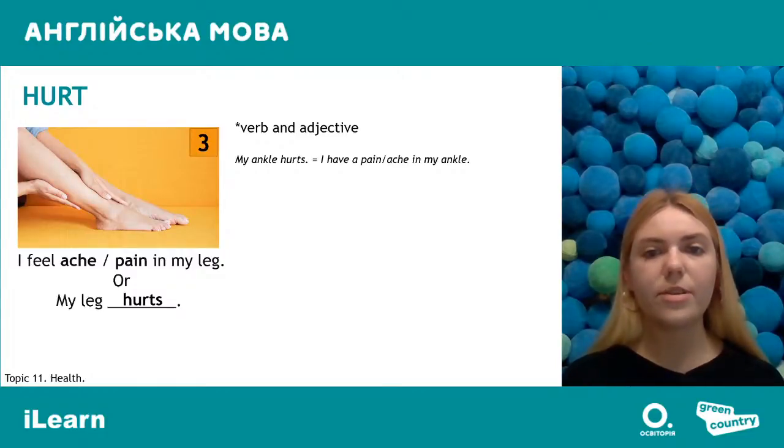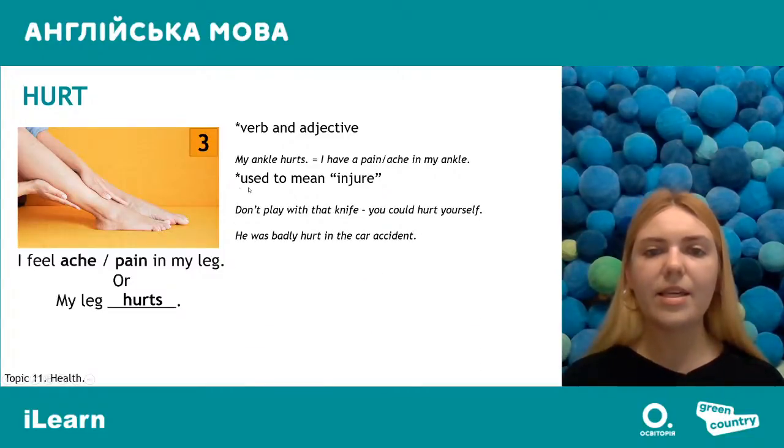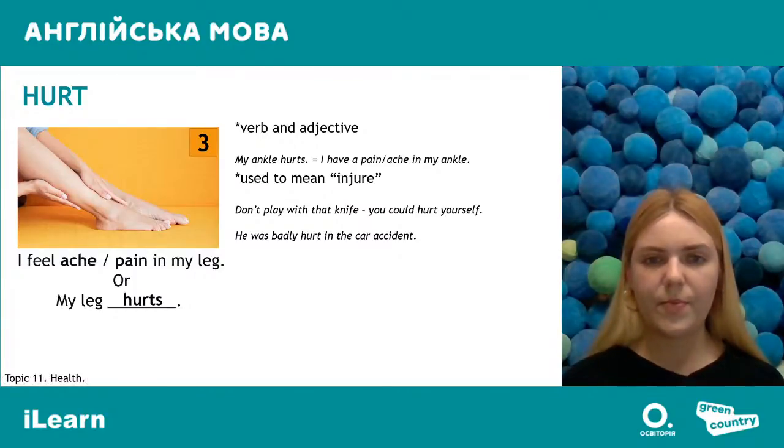It will be hurt, hurt, hurt. Неправильне дієслово, три форми однакові. We can say my ankle hurts, or I have a pain, or I have an ache in my ankle. And also it can be used to mean injury. Також може використовуватись якраз в значенні поранити.